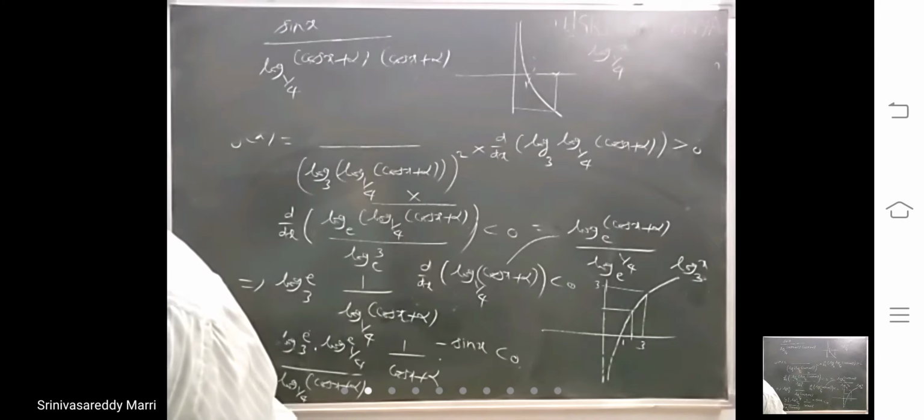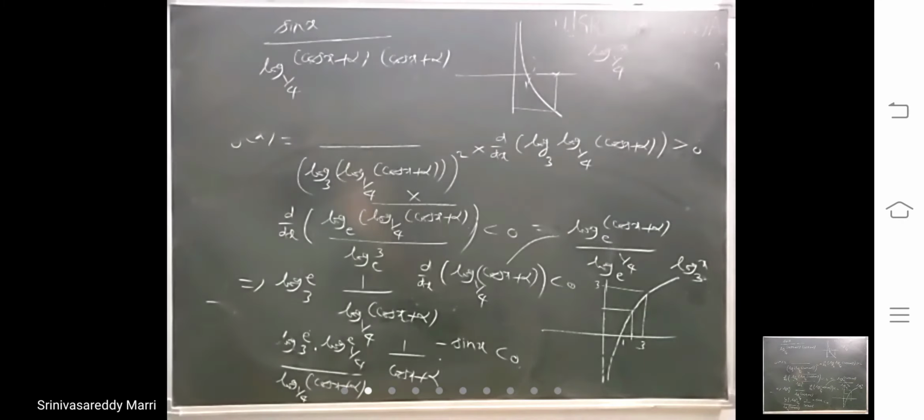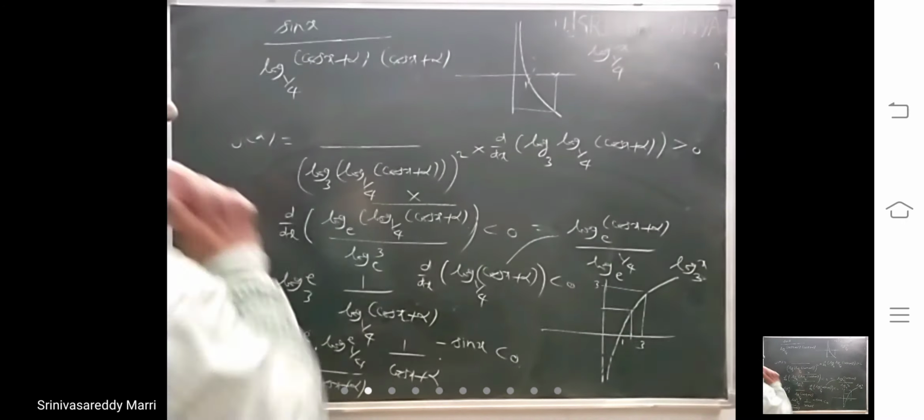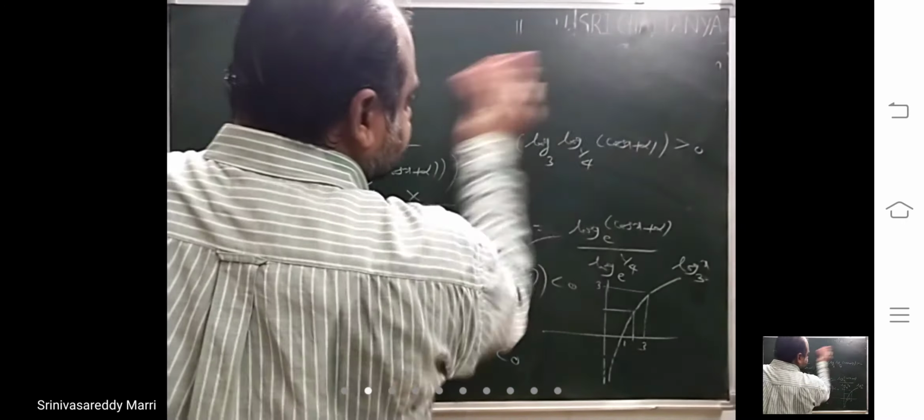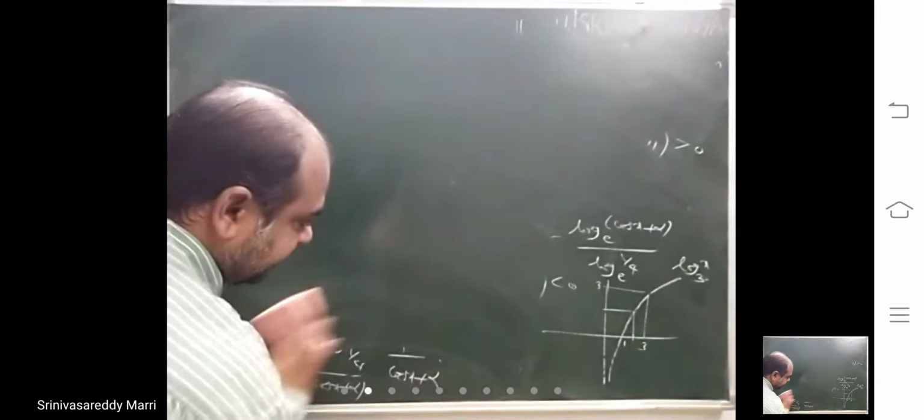Somewhere the question is wrong. Wait, some question is given wrong. That is not f of x, it is f dash x. Wait, don't note down. That's why you are getting it lengthy. In the book it was misprinted. Actually, it has to give f dash x.